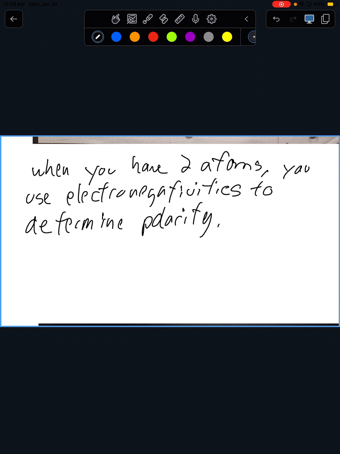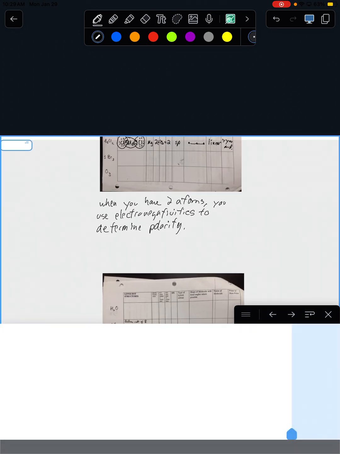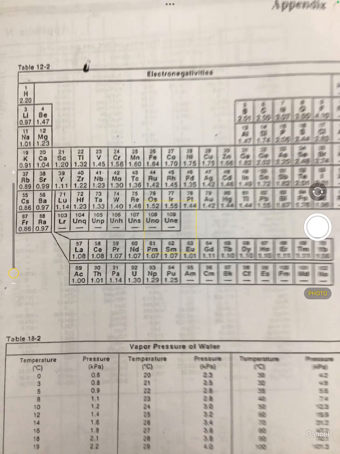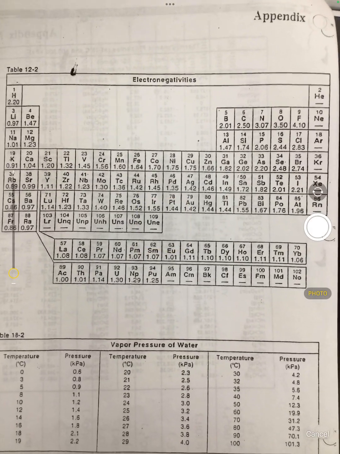So if you have 3 atoms or more, use appendix F and G. If you have 2 atoms, you have to use Appendix O with the electronegativity table.